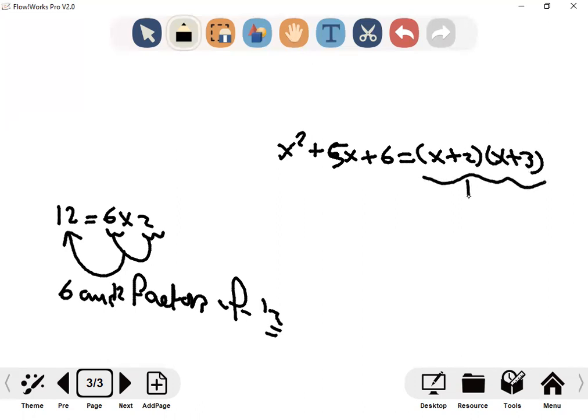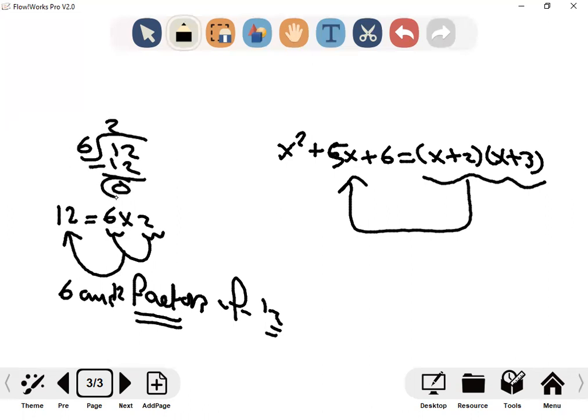This means these are factors for this, right? 6 and 2 are factors for 12. Divide 12 by 6, it is 2; 12, subtract, the remainder is how much? 0. So if you divide the original expression by a factor, the remainder should be 0. That's why it is a factor. If you divide 12 by 2, the other factor, it will be 6; 12, subtract, 0.